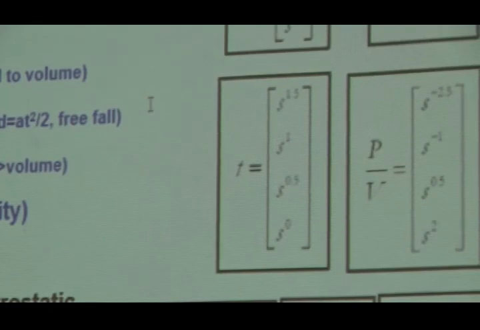S to the power 0, that's 1 minus 1 half. I forgot s to the power half, right? So f is 0, so that's s to the power 0, that's 1.